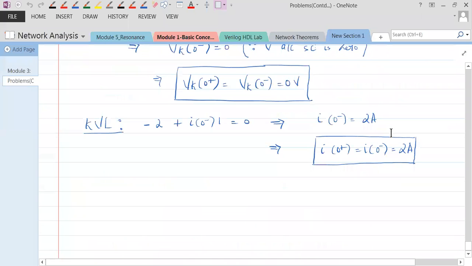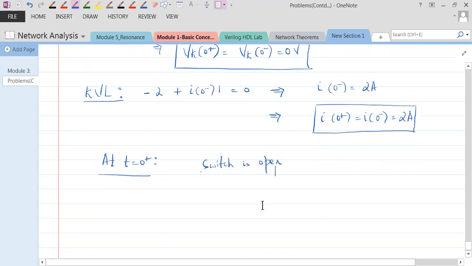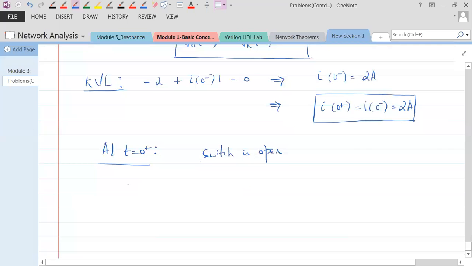First write the circuit at t equal to 0 plus. What's happening? How would the circuit look? The switch is open.